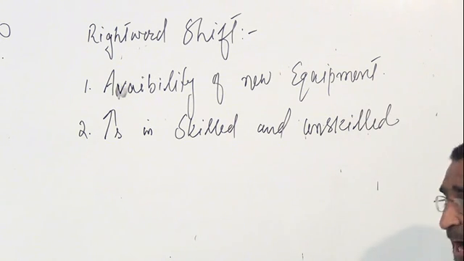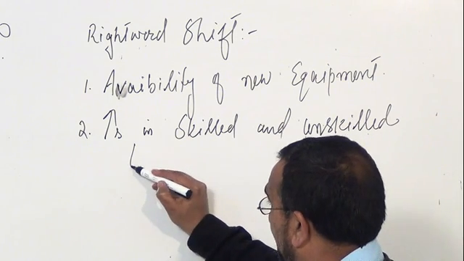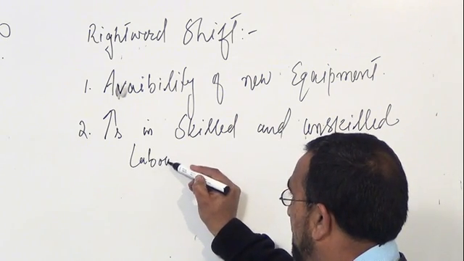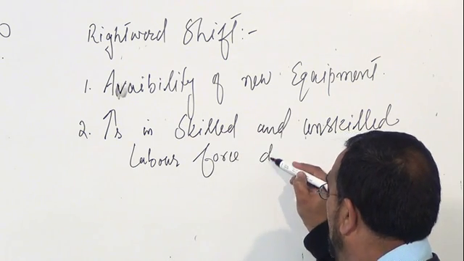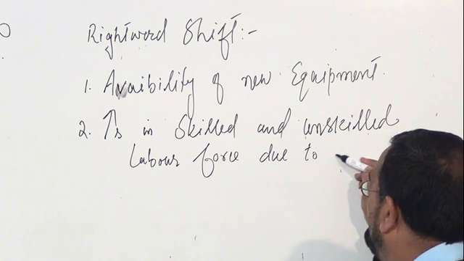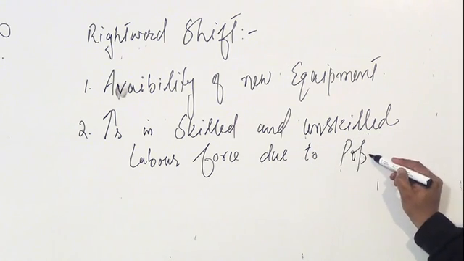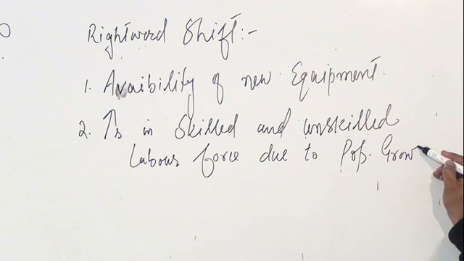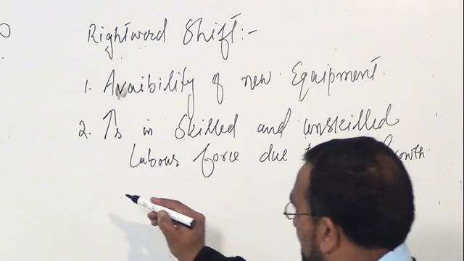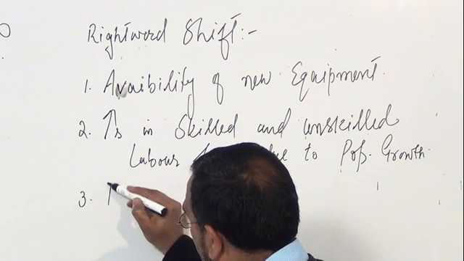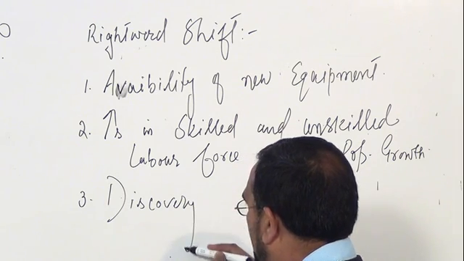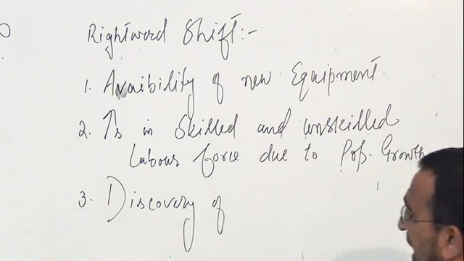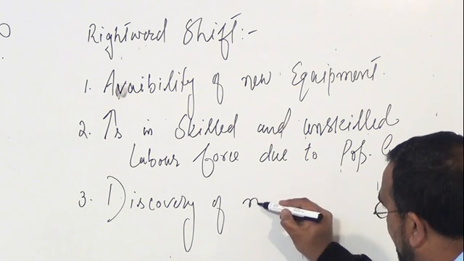Skilled and unskilled labor force due to population growth. Number three, discovery of new resources.